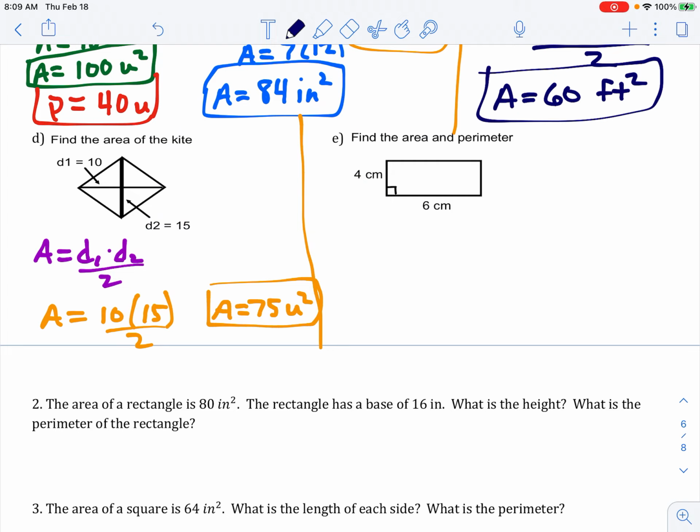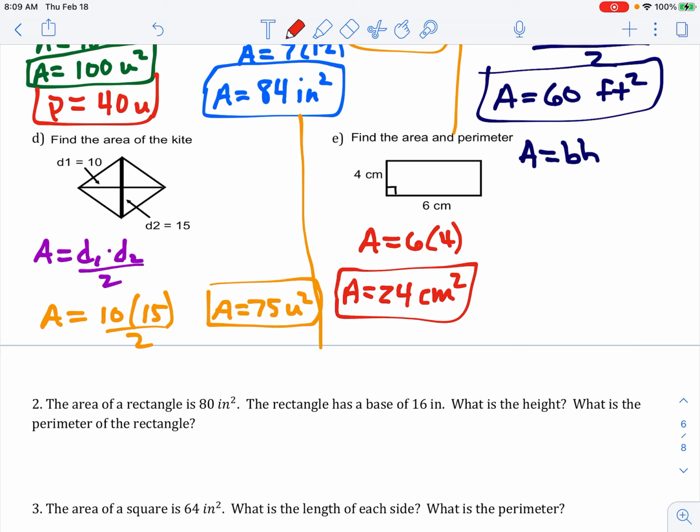All right, this time it wants us to find the area and perimeter. This is a rectangle, so our area formula should be B times H. So to find area, I have a base of 6 and a height of 4, so I'm going to take 6 times 4. That will give me an area of 24 centimeters squared.